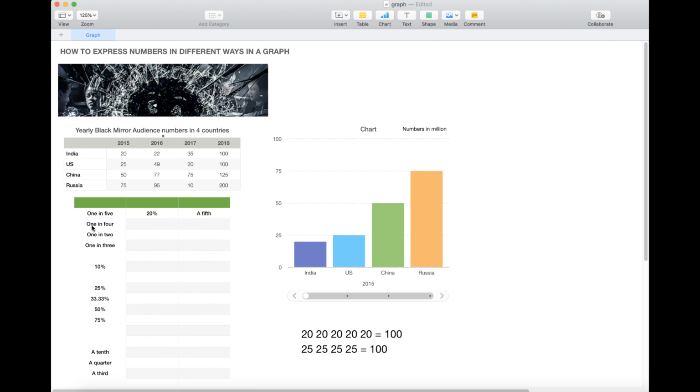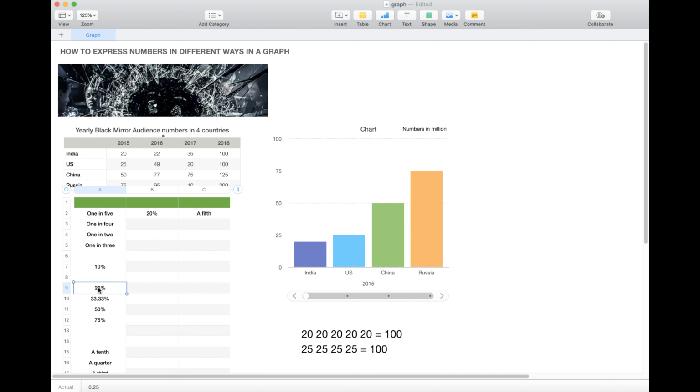All right, let's look at the next one. 1 in 4. 1 in 4 here means 1 in 4 parts. So if you get the number 25, as you see here, 25 million people watch the show in the US, then that's 1 in 4.